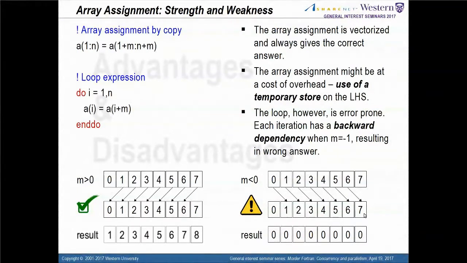The loop is faster than the array assignment, because for the array assignment the compiler generates code that uses temporary store, which is very expensive, but it ensures correctness. So here we're looking at advantages versus disadvantages. This is something you should keep in mind: the strengths and the weaknesses of array assignment.